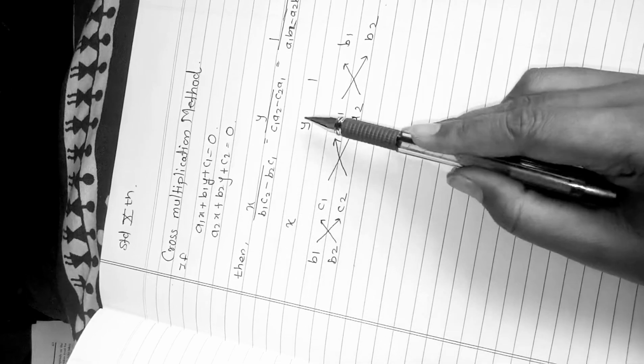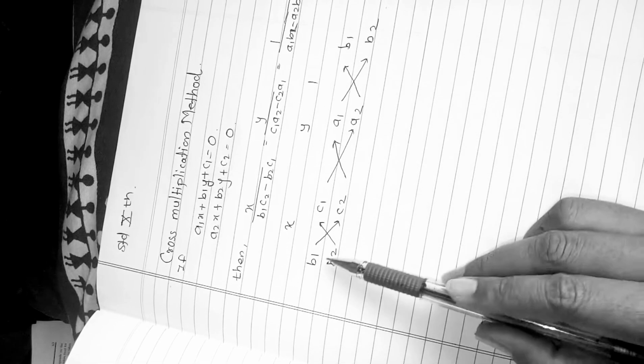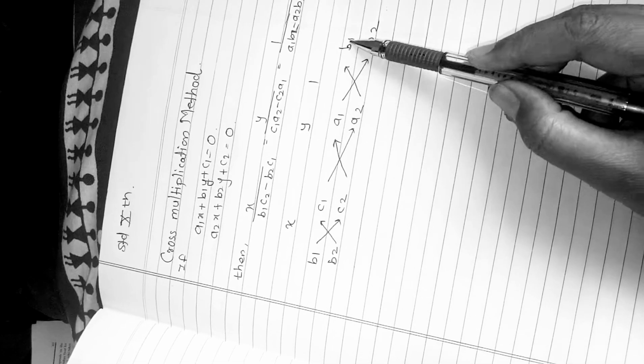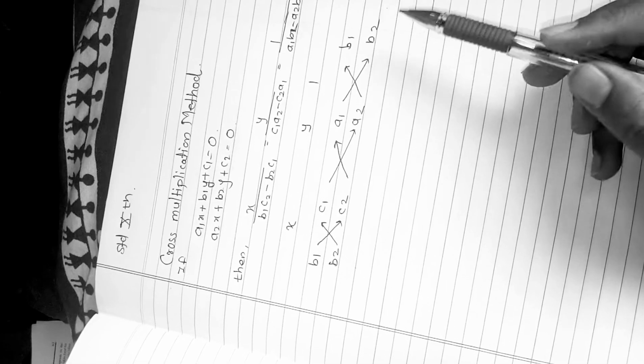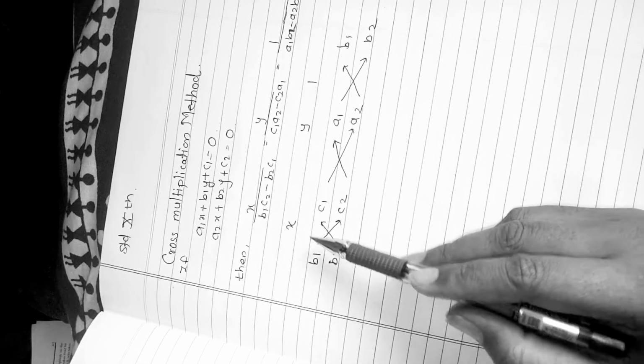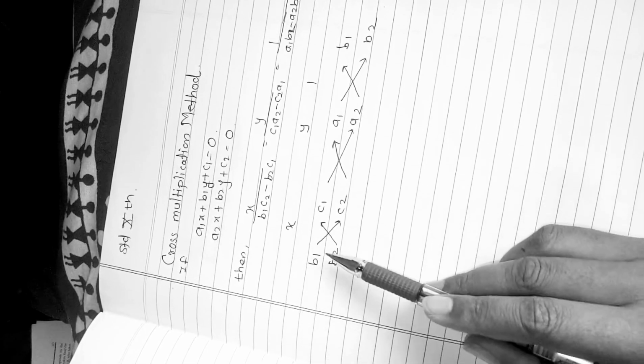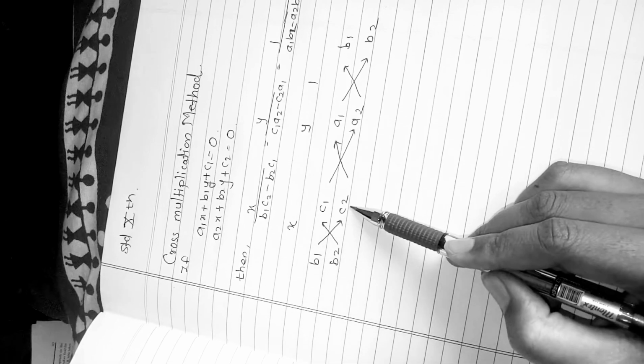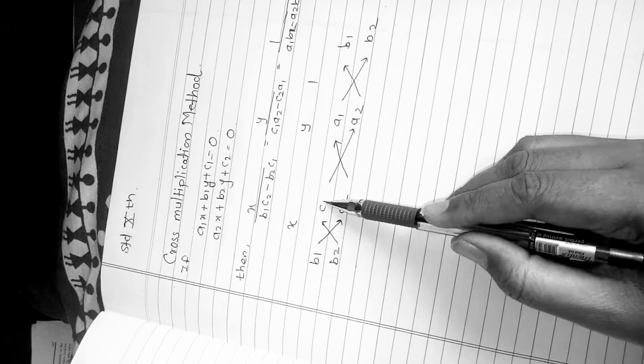Here write x, y and 1. The first column is b1 b2, the second c1 c2, the third a1 a2, and last again b1 b2. So we find the value of x by cross multiplying b1 c2 minus b2 c1.